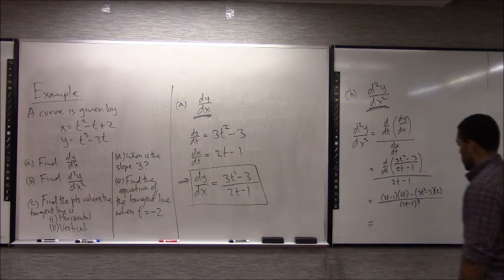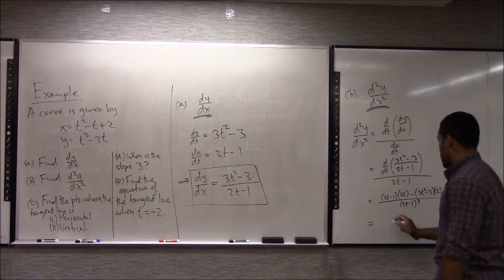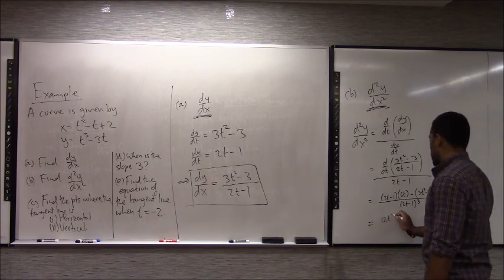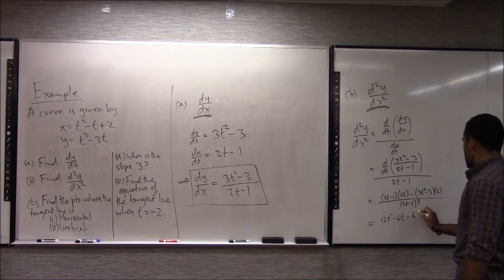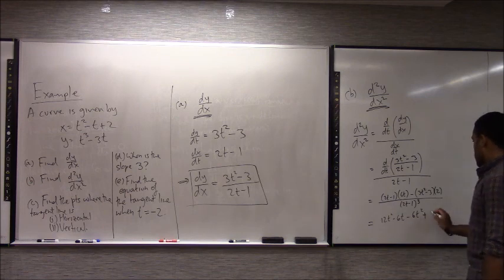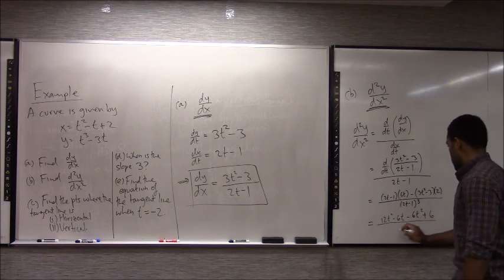Maybe let's clean this up a little bit, if it can be cleaned up. 12t squared minus 6t minus 6t squared plus 6. And I don't think that actually.